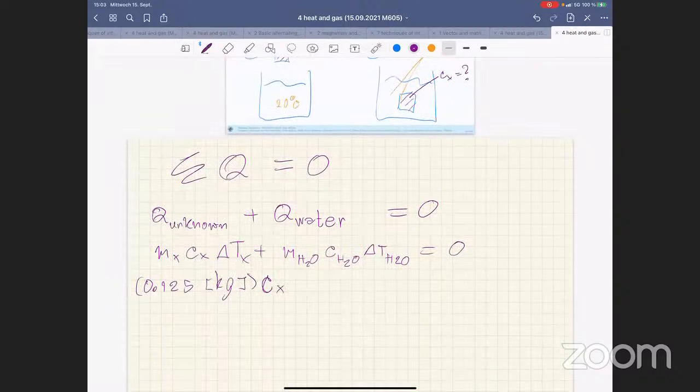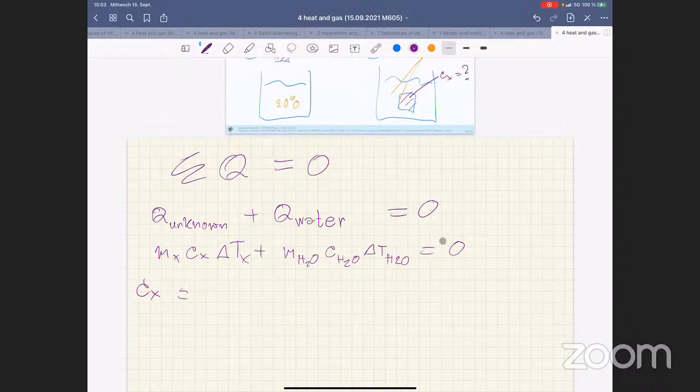It's better if we solve this equation for c_x.